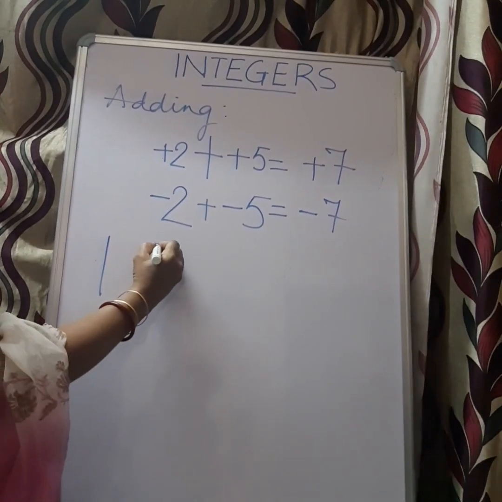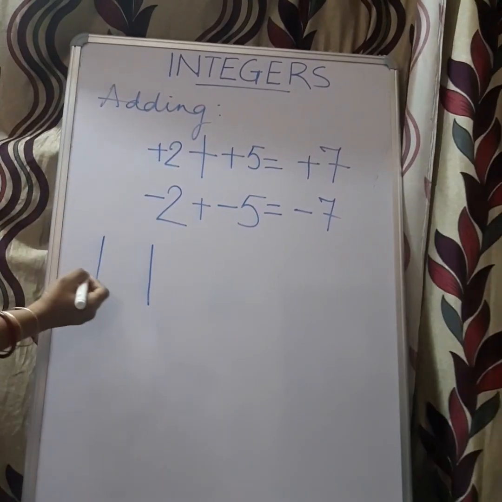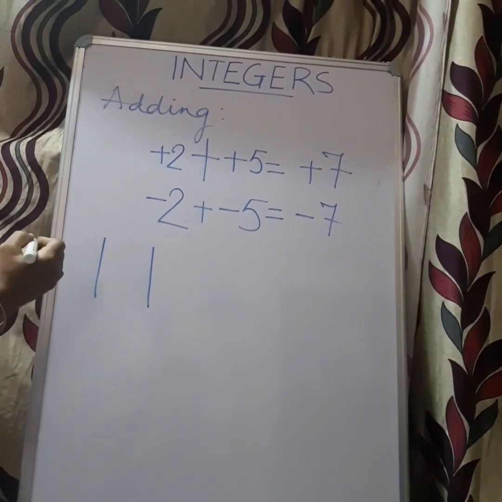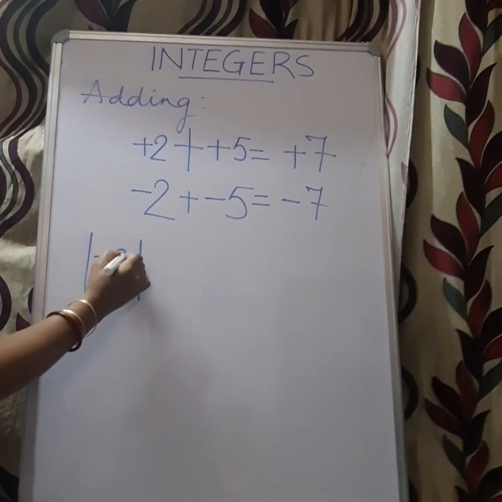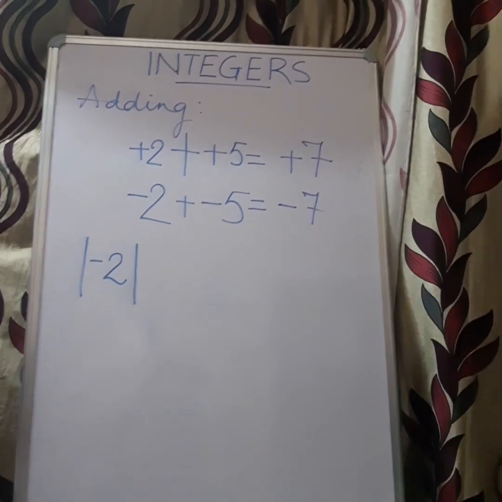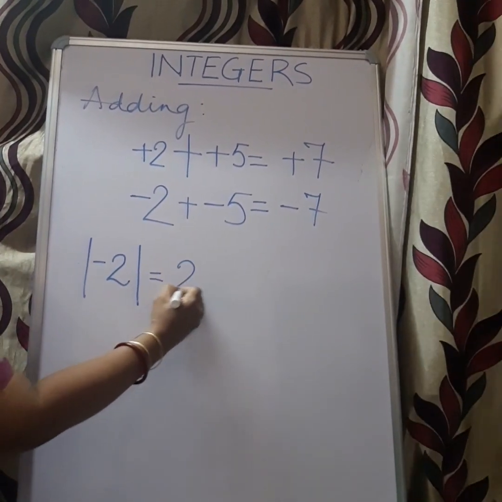Absolute value is indicated by two bars. When any number is inside the absolute value bars, the absolute value of minus 2 is 2.